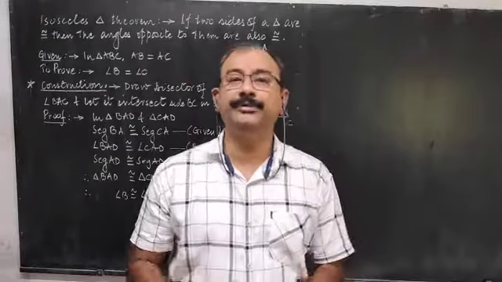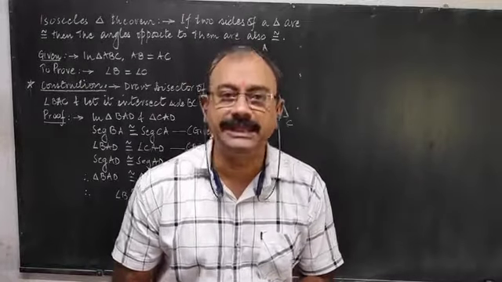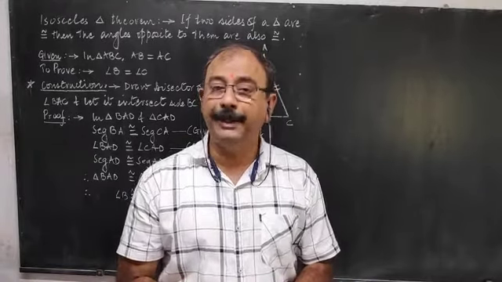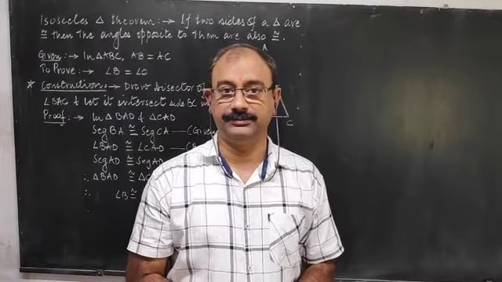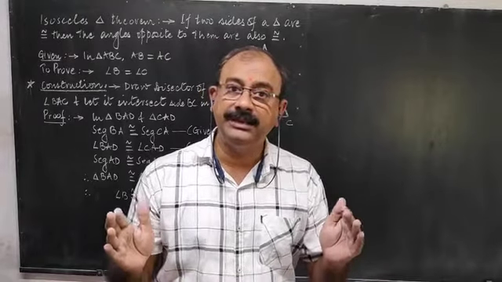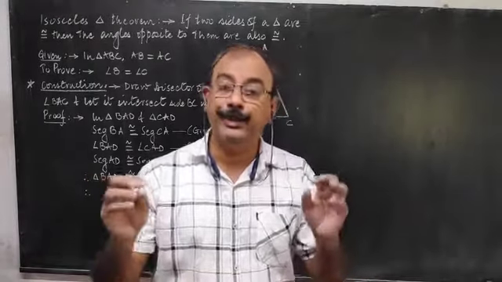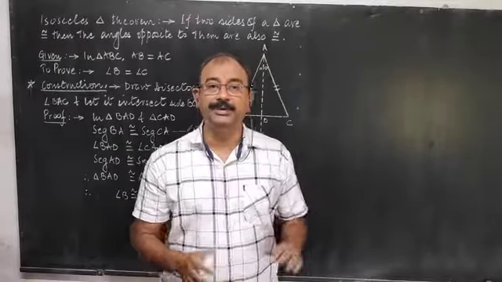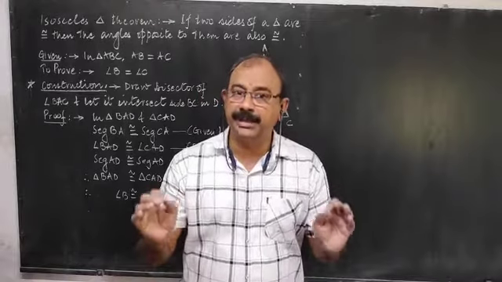in order to prove the theorem, you have to make a construction. Now, this is the first time you are making a construction. Whenever you come across any theorem, property or a problem where you have to do some construction, you have to be a bit careful.